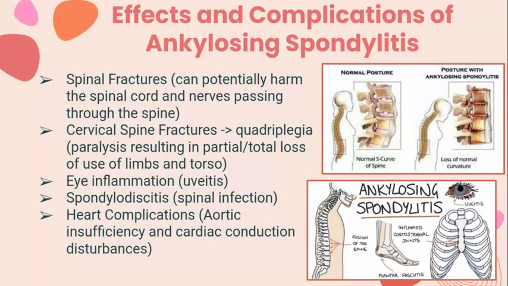So, cervical spine fractures are most susceptible within this autoimmune disease and can lead to paralysis resulting in partial or total loss of use of limbs and torso, and then eye inflammation, as well as spondylitis, which is spinal infection, as well as heart complications, including aortic insufficiency and cardiac conduction disturbances.